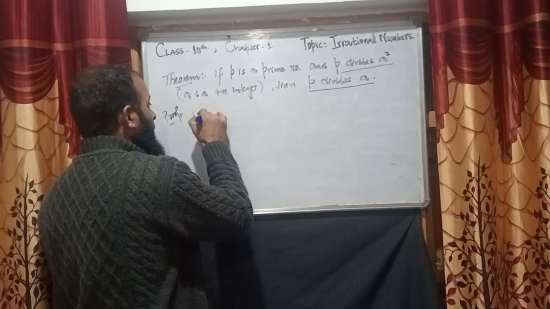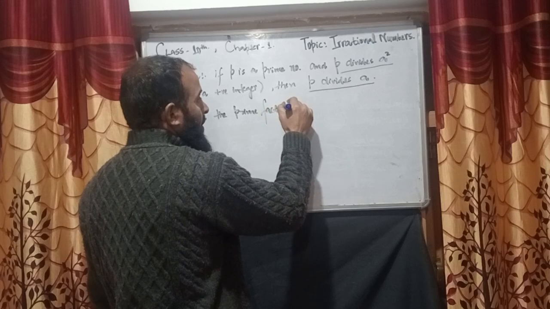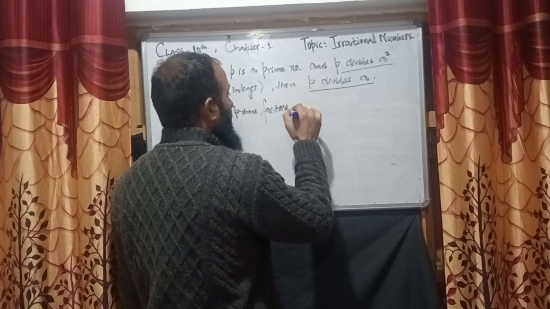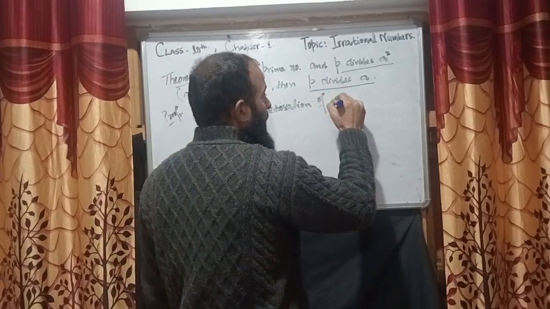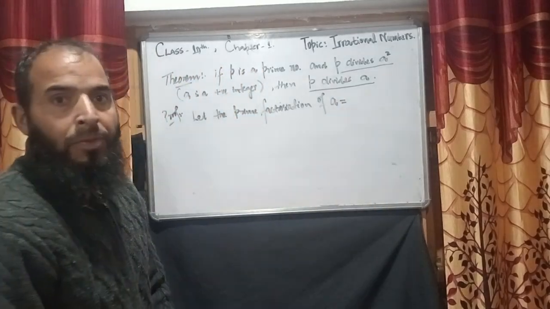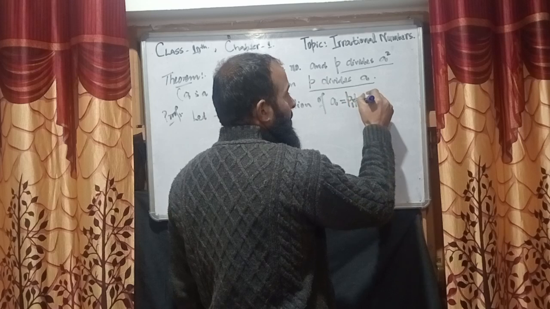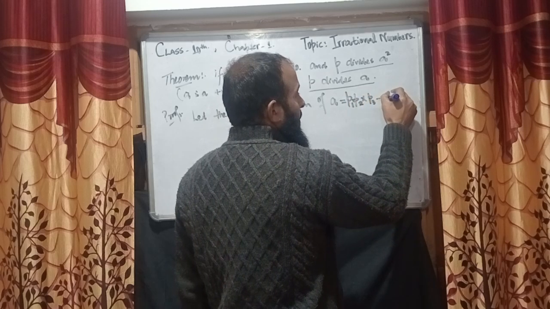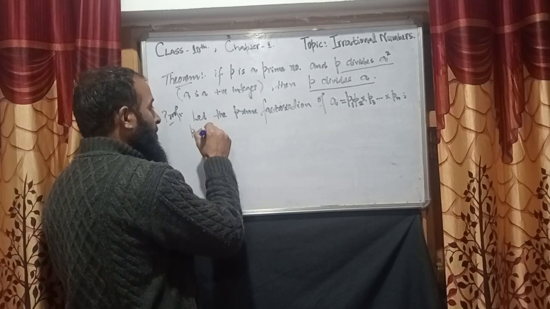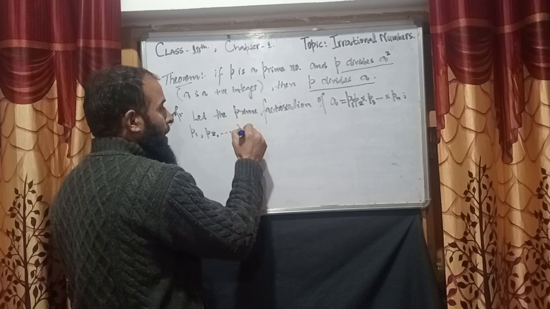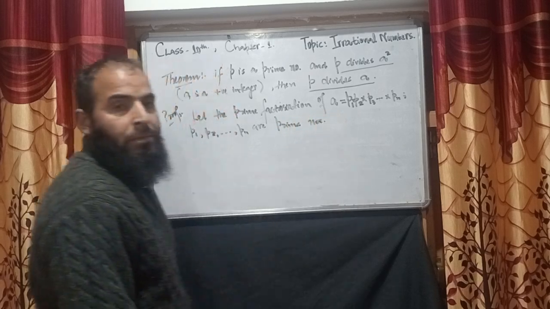Let the prime factorization of a be p1 cross p2 cross p3 and so on cross pn, where p1, p2, so on pn are prime numbers.